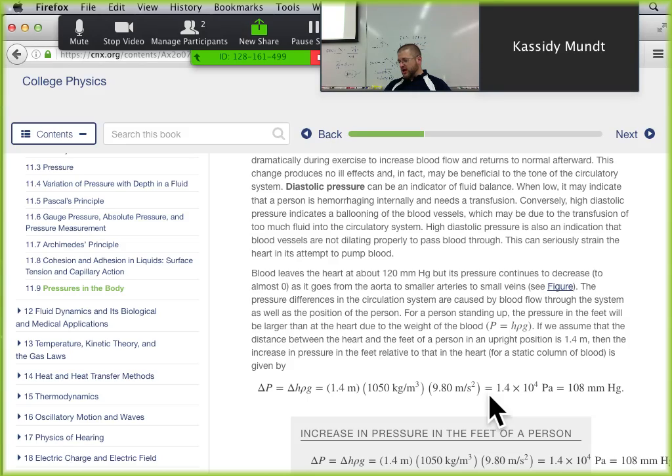Now, what causes it, high blood pressure or low blood pressure? It turns out that high blood pressure is an indicator that you might have a stroke. The reason is that your veins or your arteries can get overworked. They can get overstretched, and then when you relax, they can collapse because they've been worked too hard.